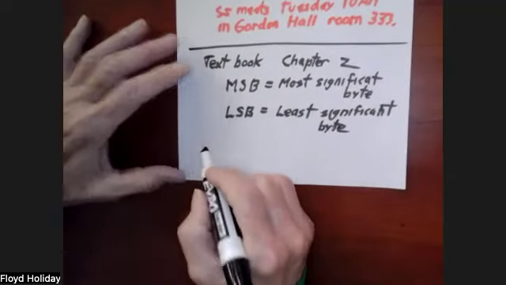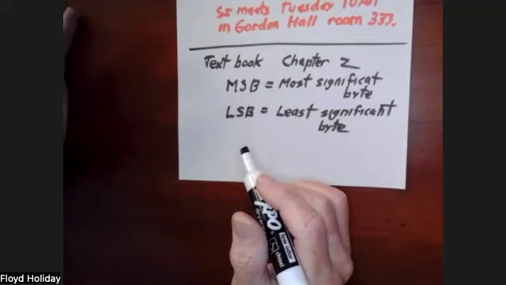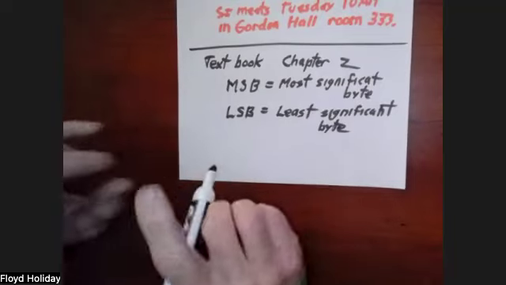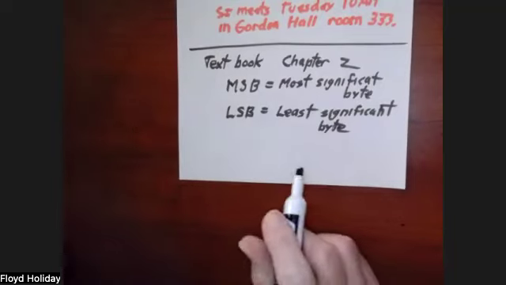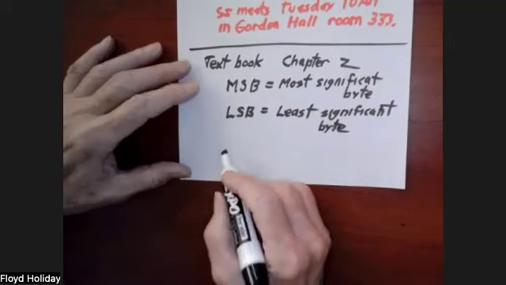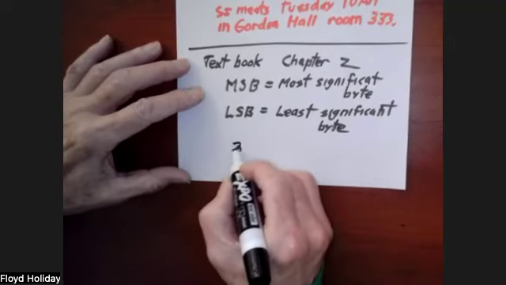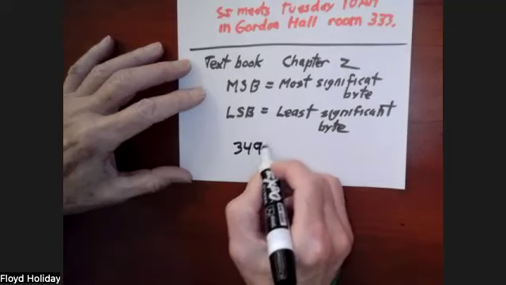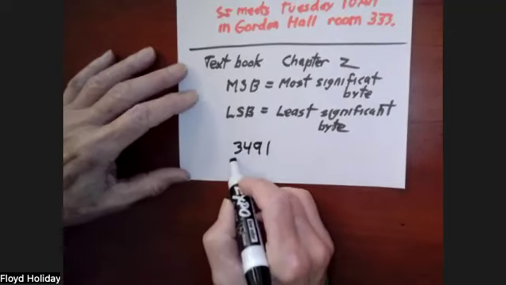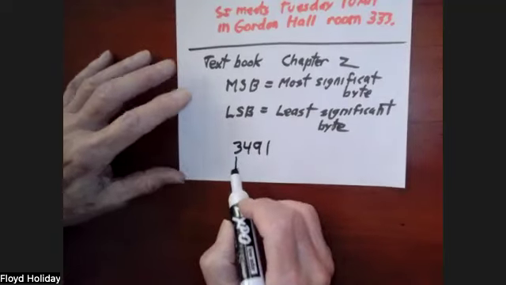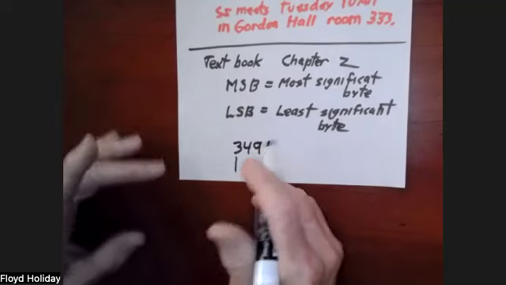In an integer, there's left and right ends. That's not tech terminology. But in an integer like 3,491, this one over here has more importance than the one.